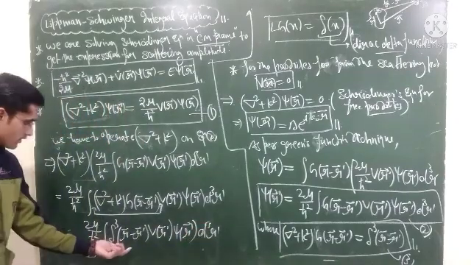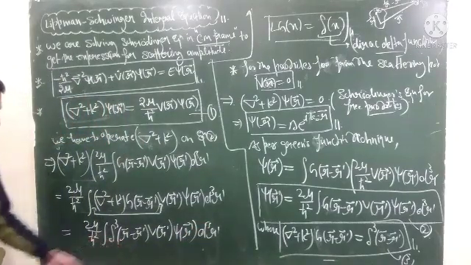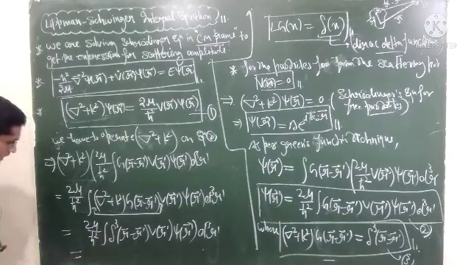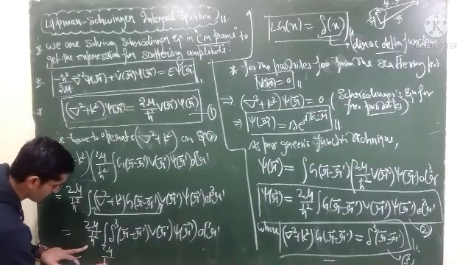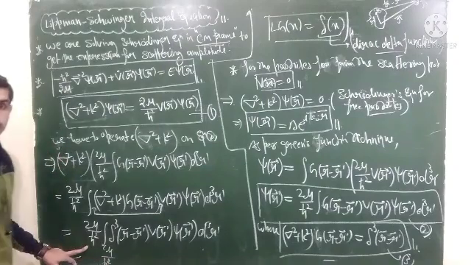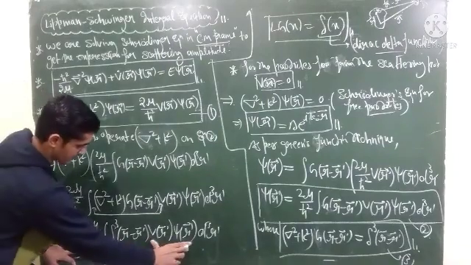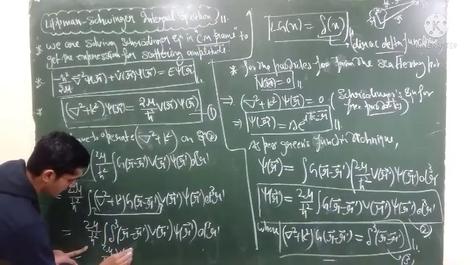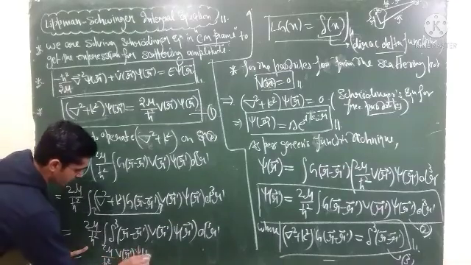And you know by the property of the Dirac delta function that this integral will be just 2 mu over h cross square into v of r dash into psi of r dash, right?